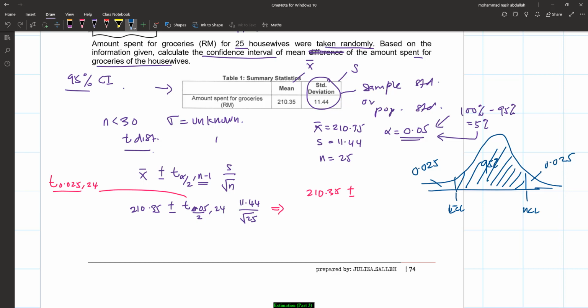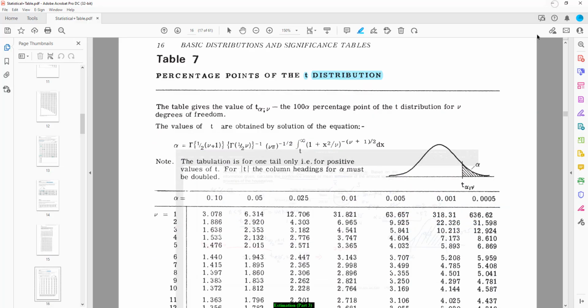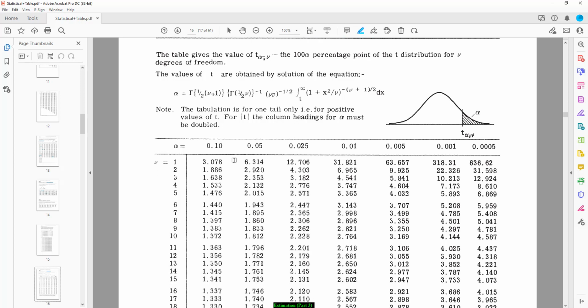So this is the value that we want to estimate. Right. So now, since alpha 0.025 dekat sini, on the first row, on the top row, is the value of alpha 0.025. V here is degree of freedom. So dia beritahu dekat atas ni, V is the degree of freedom.